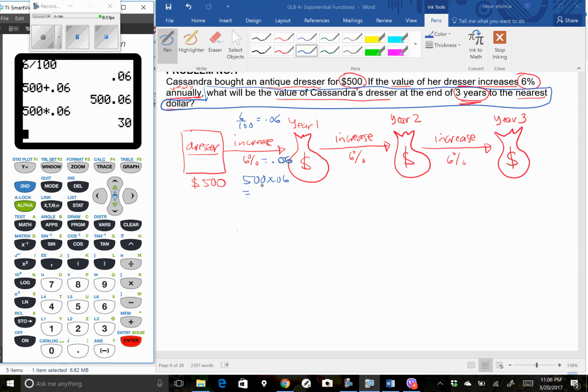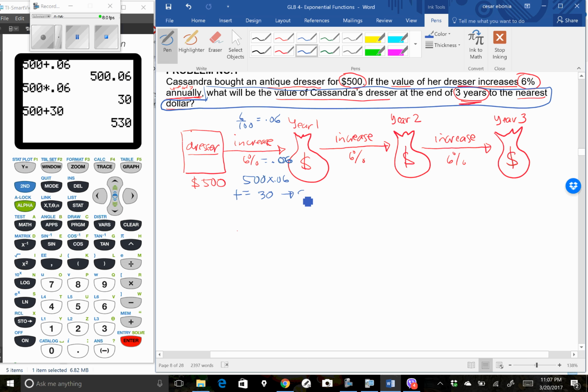So you will have an increase for this year of $30. After year one, that would be 500 plus 30, which is $530. So year one, the new value of your dresser would be $530.